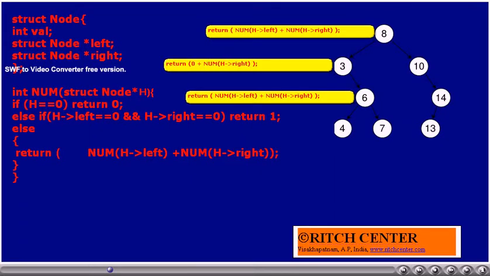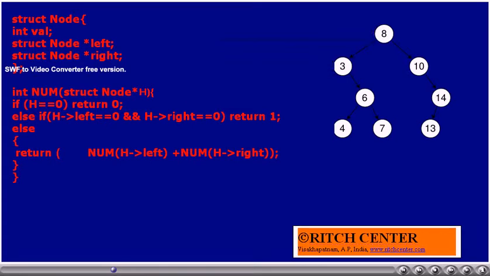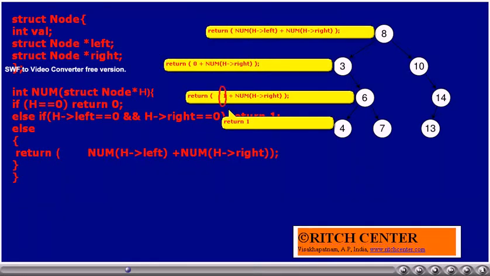Now, again, the function is called. This time, we will be sending the address of the node having number 6, which is the right subtree of the node having value 3. With this also, we will be calling the statement return num(h->left) plus num(h->right).